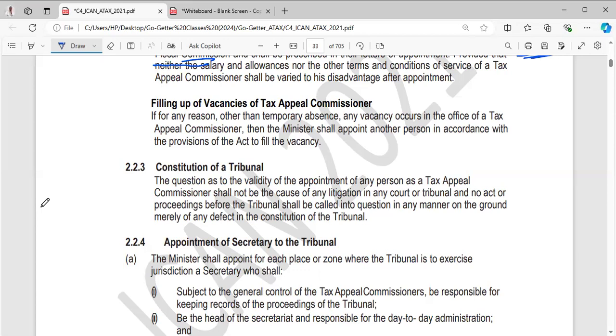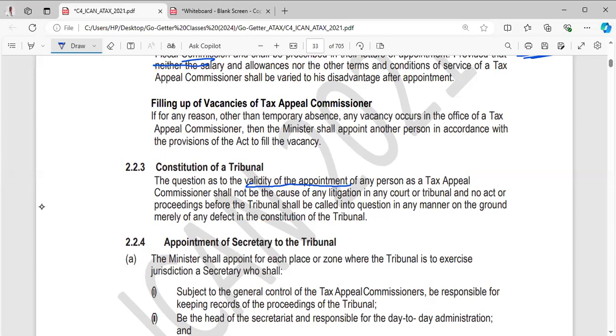So when you are being served to come into the tax appeal tribunal, you cannot question the validity of the appointment of any person.